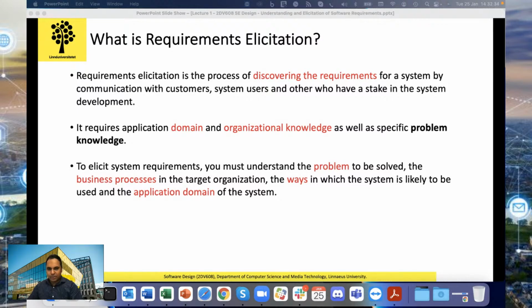Yes, it depends on who is playing which role. But if the project manager is also playing the role of requirements analyst or requirements engineer, he definitely can do that. But primarily, requirements elicitation is the job of requirements analysts or requirements engineers.